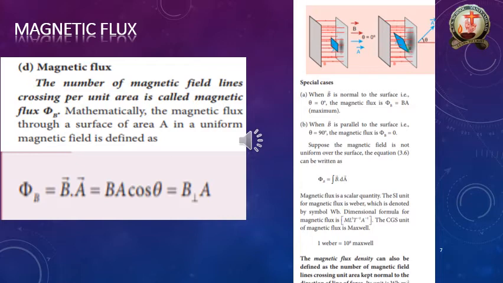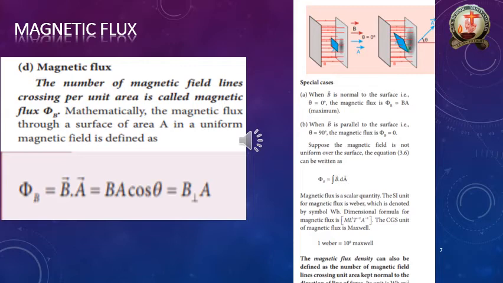So here, the number of magnetic field lines crossing unit area kept normal to the direction of force. Whatever direction the magnetic force is moving, normal to that, magnetic field lines are crossing that area.